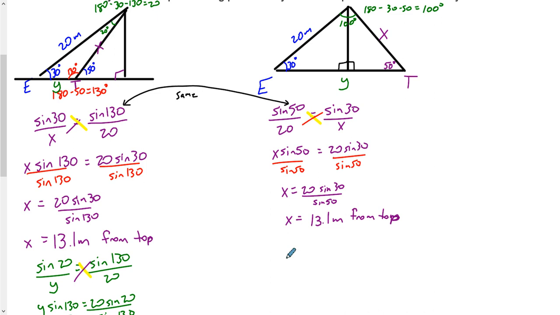So if we want to solve for y, this one is not going to be the same because the sine of 20 is not going to be the same as 100. The sine of 20 is the same as a sine of 160. That should be correct. Sine 50 over 20, fantastic. Do our cross multiplication.